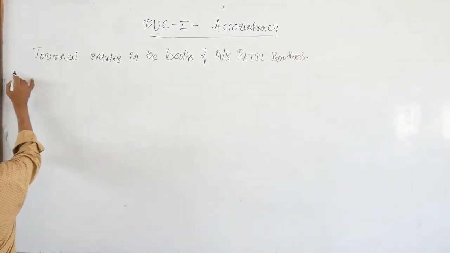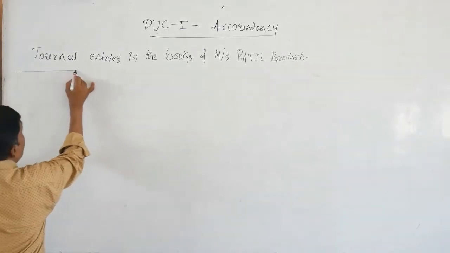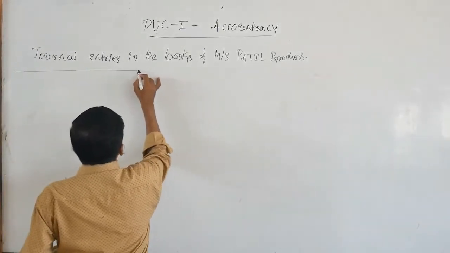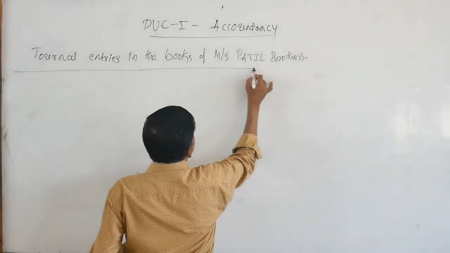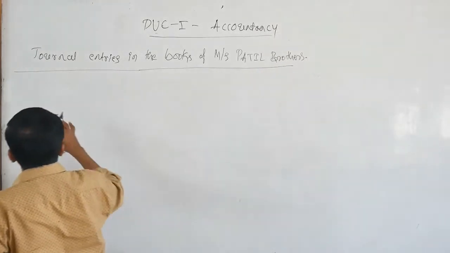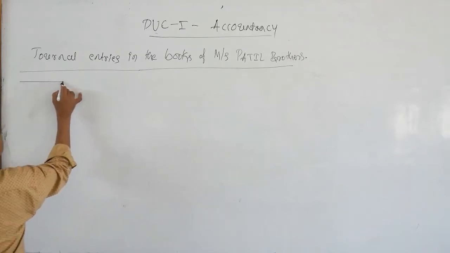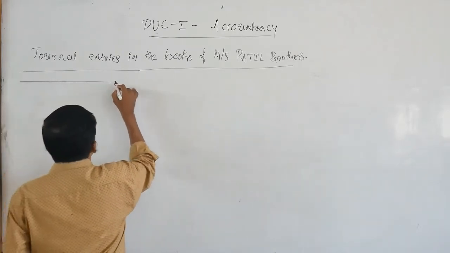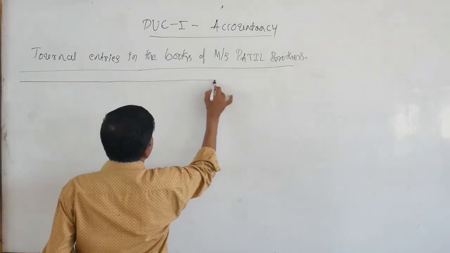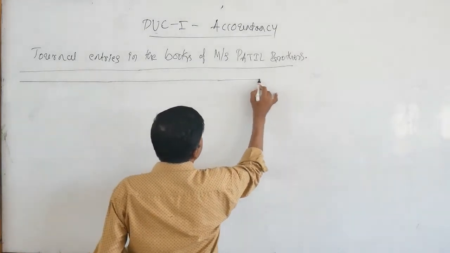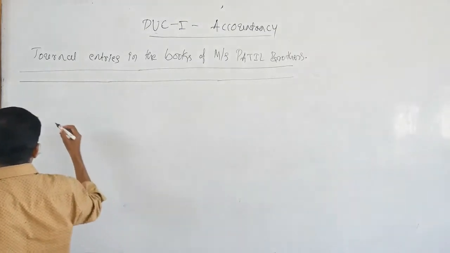This is the title of the journal entry. As you all know, dear students, this is a book, the prime book or initial book, the first book. So how to write the journal entries from the rough book entries. In the last class we have seen how to draw the table also.